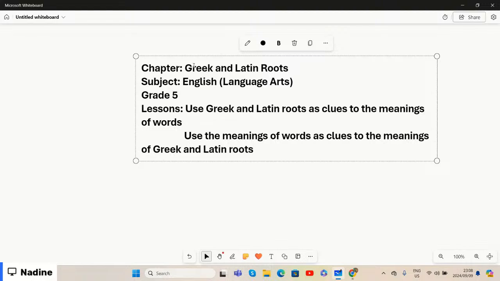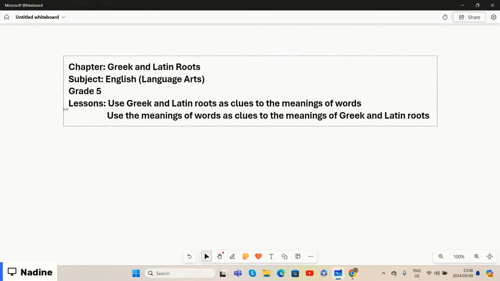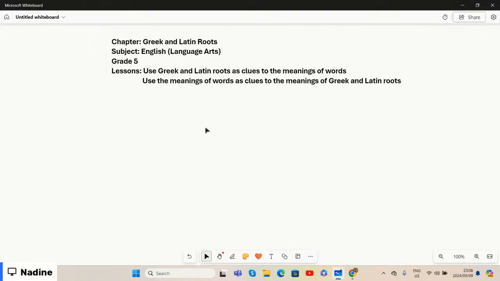So that is going to be our lessons for today, where we are going to be using Greek and Latin roots as clues to the meanings of words, and we're going to use the meanings of words as clues to the meanings of Greek and Latin roots.